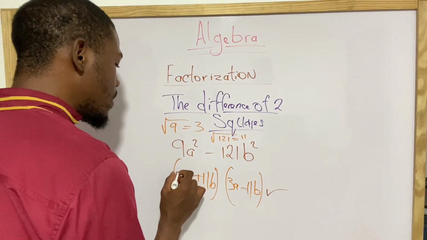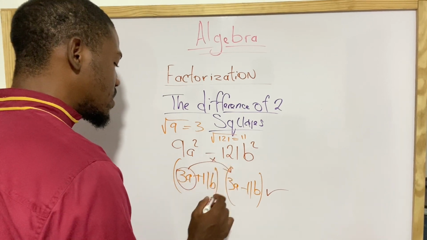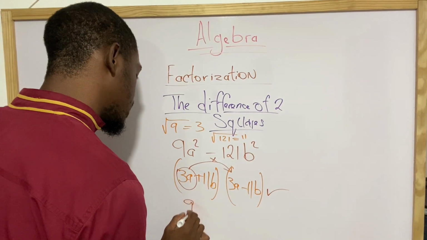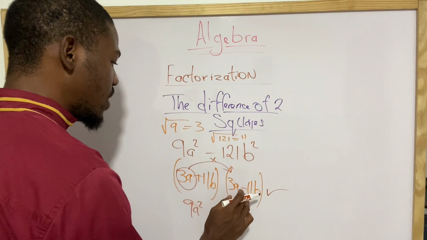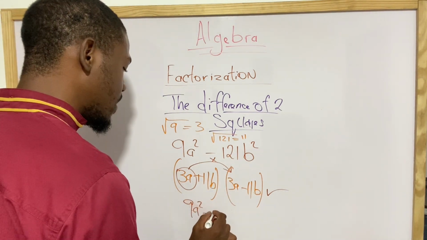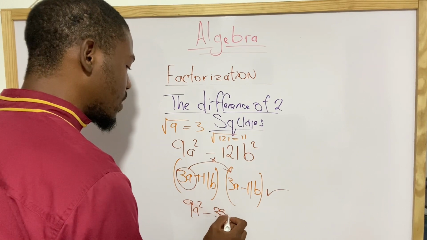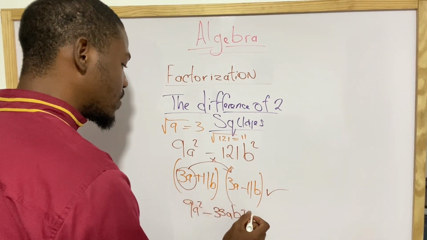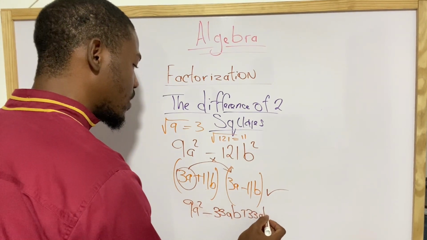So if we were to really multiply these things and look at it like that, this would actually be 9a squared, right? And then this now 3a times negative 11, this would actually be negative 33ab. And then 11 times positive 3a is going to be 33ab, right?